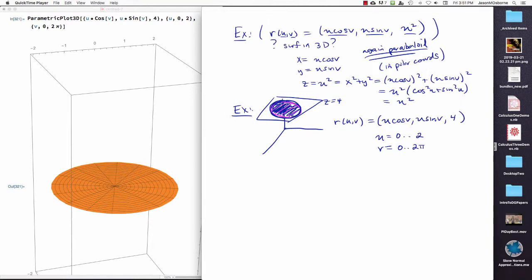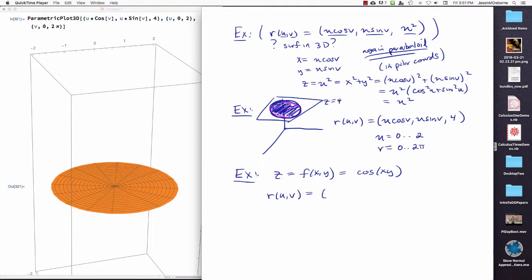Here's another example, try to get as many of these as possible. If you have z is equal to f of xy, any function of those variables, for example, let's say it's a cosine of xy. There's a function of two variables. And you want to parameterize that surface, write it in terms of r of uv.